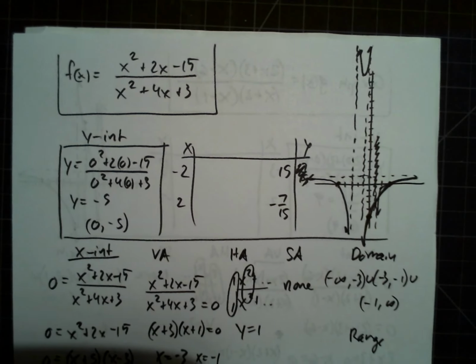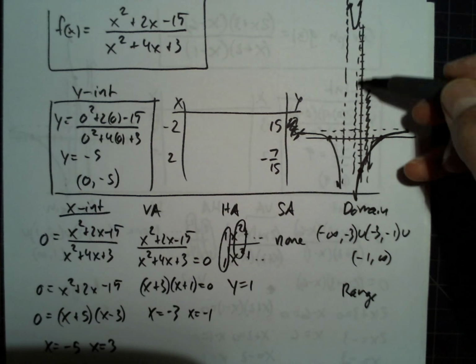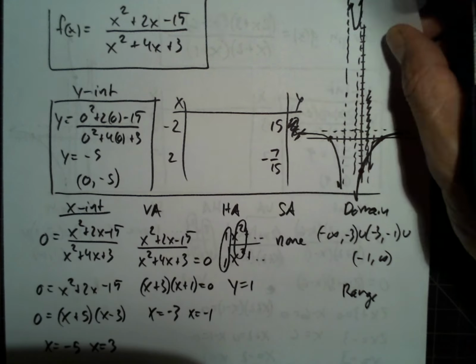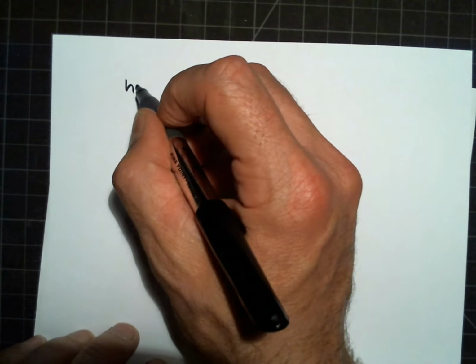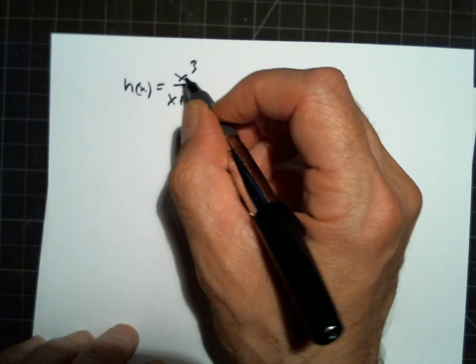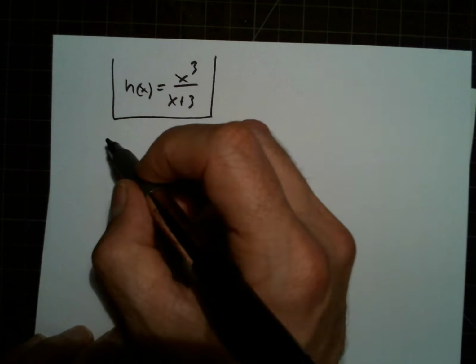And the range is harder to determine because we don't know the minimum of that point, so we'll leave the range blank. Okay, one more. Pause the video and try that one.